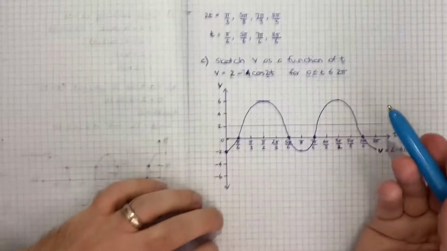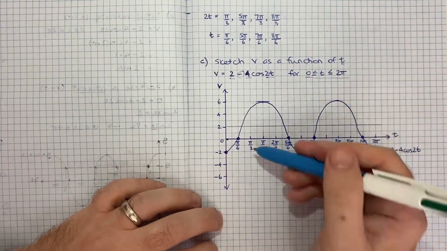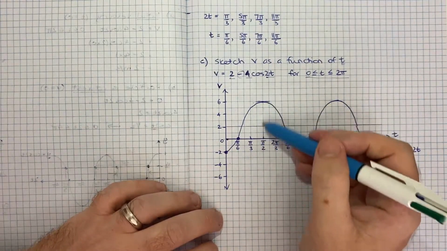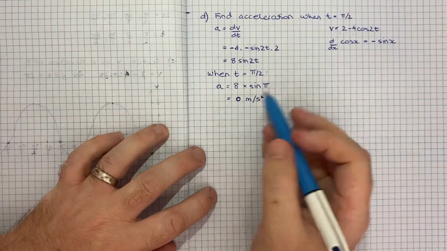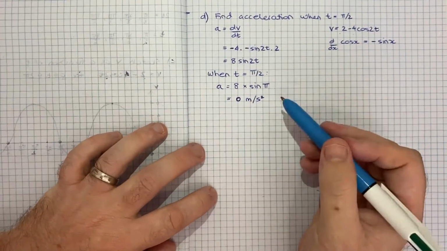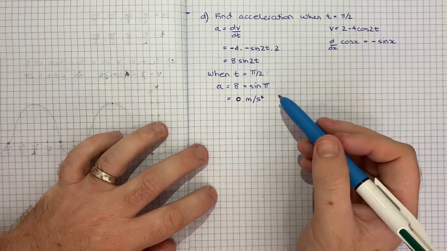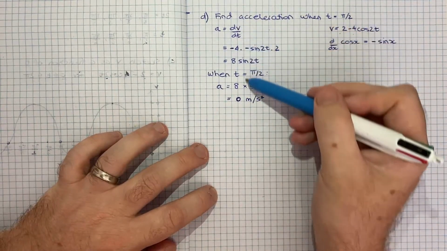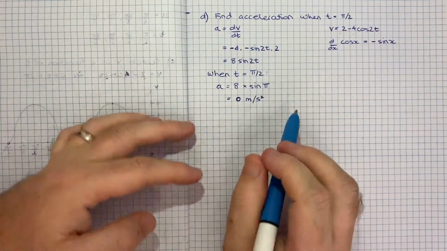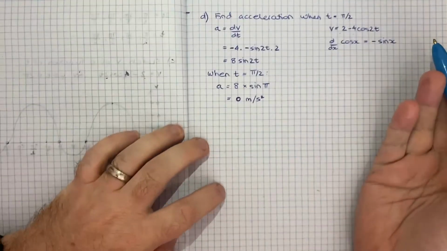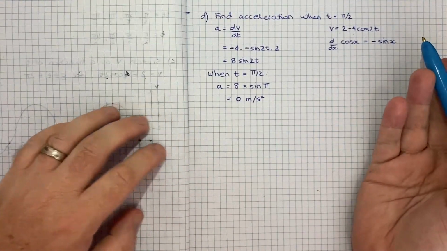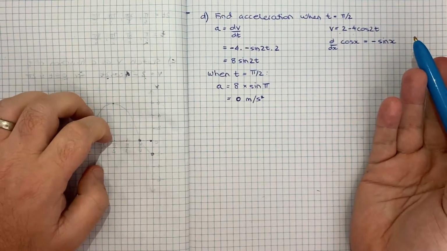And maybe if you wanted to save yourself a bit of time and effort, you could have said, from the chart we can see that at pi on 2 it's a stationary point, therefore acceleration must be 0. Maybe you get more comfort from just working through the mechanics and then using the chart to confirm that you haven't made a mistake. I think either way you'll probably get your marks. So that's part D done.